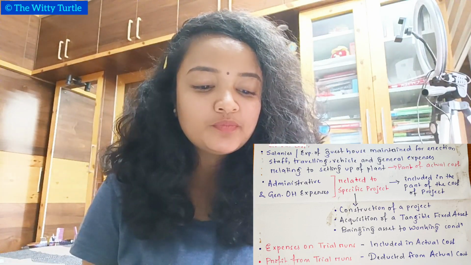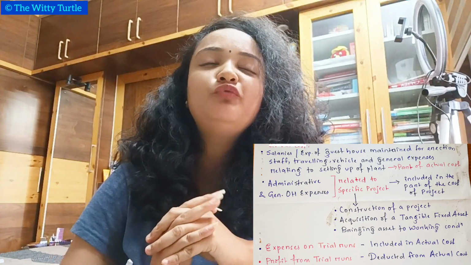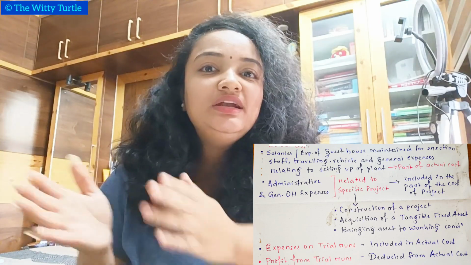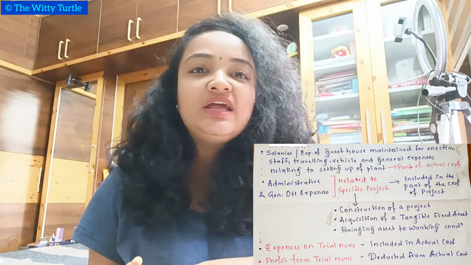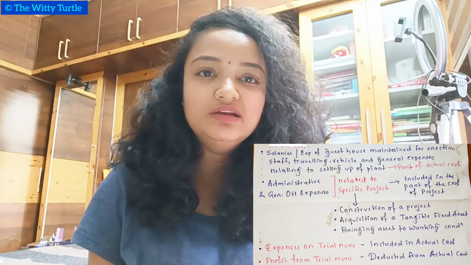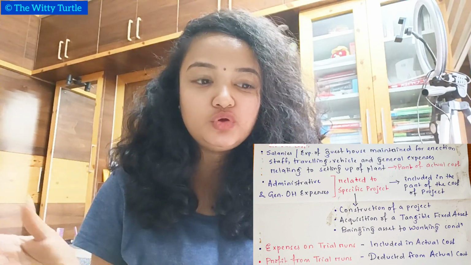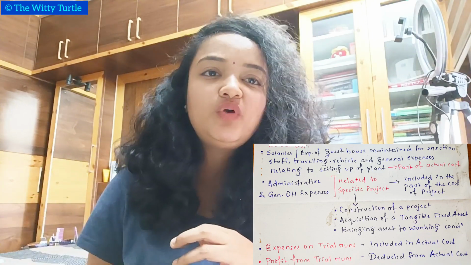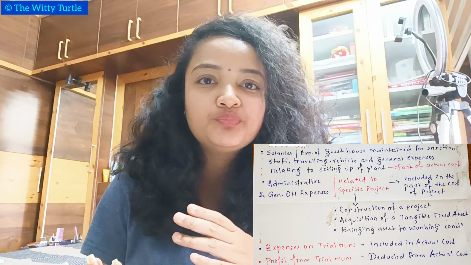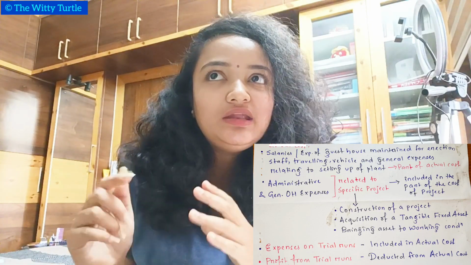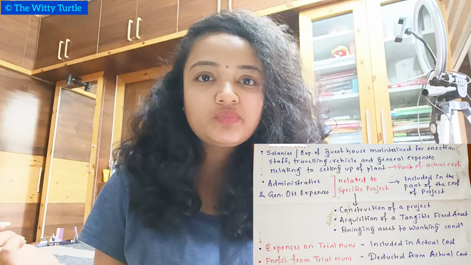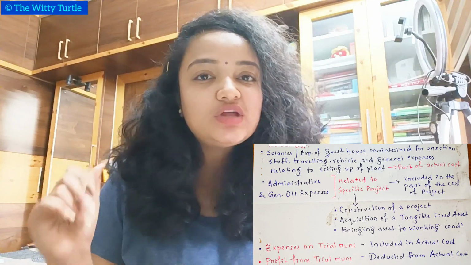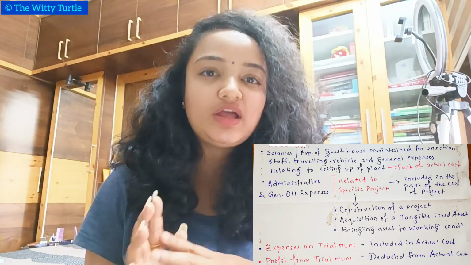The next point says, see, we all know that before commencing the real production or manufacturing, everybody does a trial run, right? So any kind of expenses incurred during the trial run will also form a part of your actual cost. But if you are making any kind of profit from the trial run, for example, in the trial run we produced 200 units and we are selling those 200 units in the market, whatever profit we are generating out of those 200 trial run units will be reduced from your actual cost.